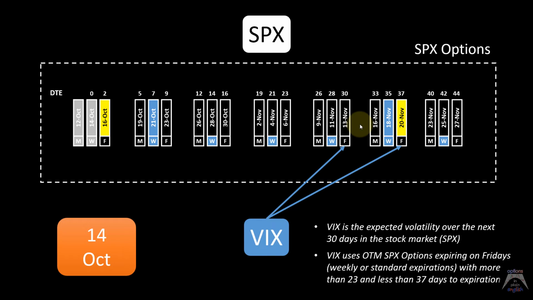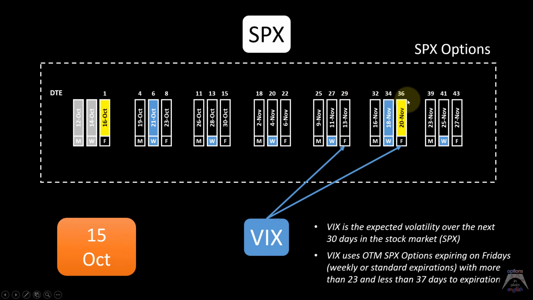and on October 14th, the next day happens, October 15th, and if you pay attention here, we're going to be using the same expirations, but instead of 30 and 37, now we're going to be using 29 and 36 because it's the next day. We used to have 30 and 37. Now the next day, the 15th, 29 and 36, and so on.